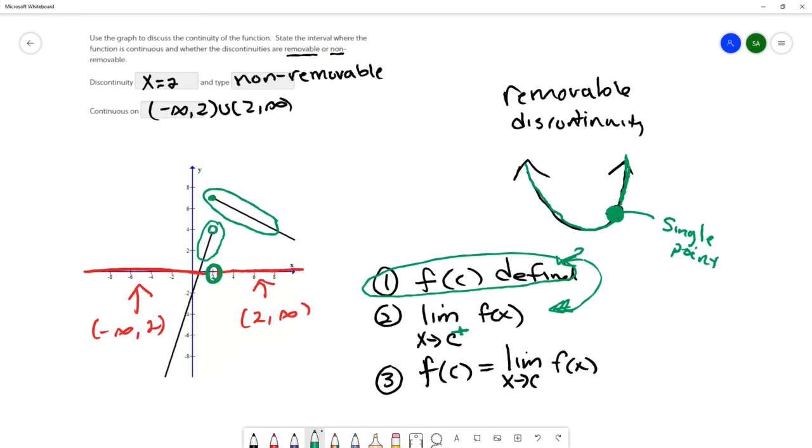So because of that closed circle there, we actually have one-sided continuity, and we can change this to a bracket instead of a parenthesis. So when we use that bracket, we have that special one-sided continuity when we're only looking at one side of the limit with our continuity criteria.